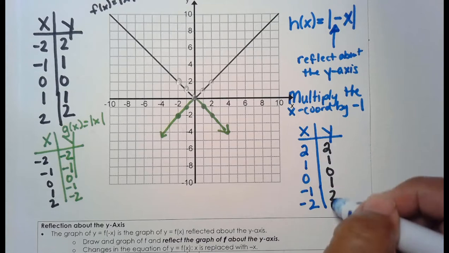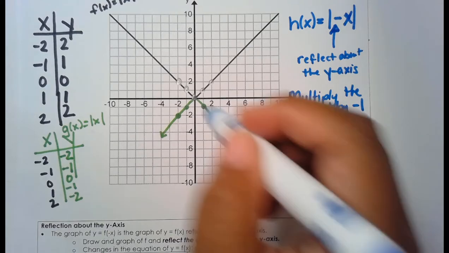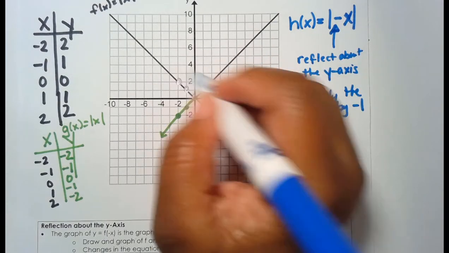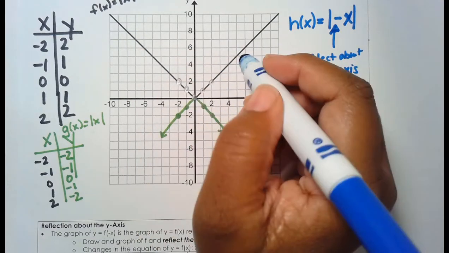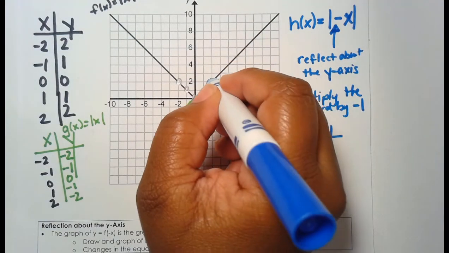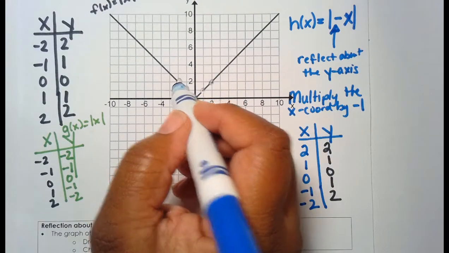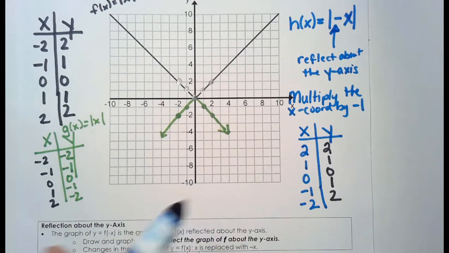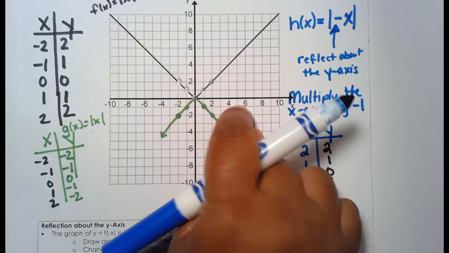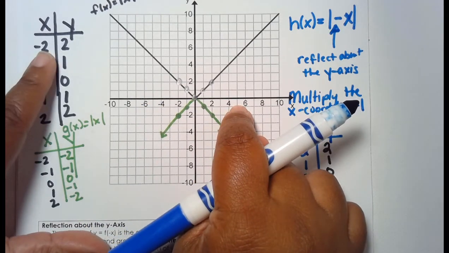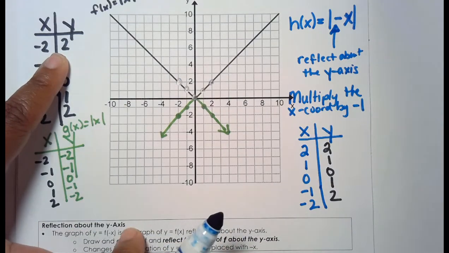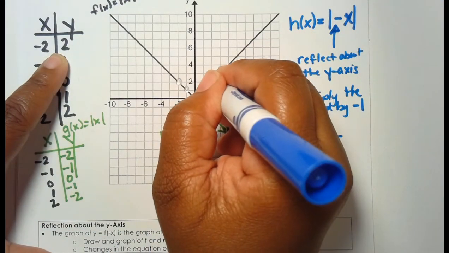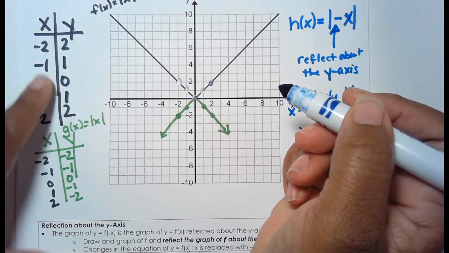So whenever we plot those points, for this example, it's going to be the original graph. So we have 2, 2, but see how it reflected on the opposite side of the y-axis, where here we had -2, 2. When you reflect about the y-axis, it's going to be 2, 2.